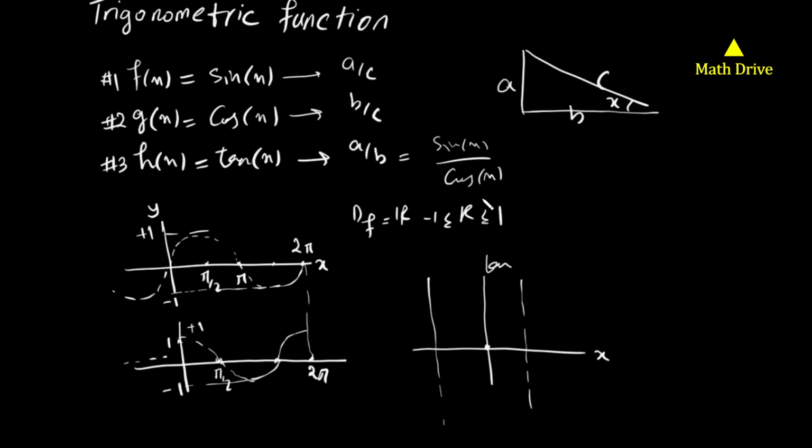At pi over 2, the cosine is going to be 0, so the tangent goes to infinity. So the tangent function is going to be something like this, and the same goes for the negative part. This is pi over 2, this is minus pi over 2, and it is periodic, but the period of the tangent function is pi, not 2 pi.